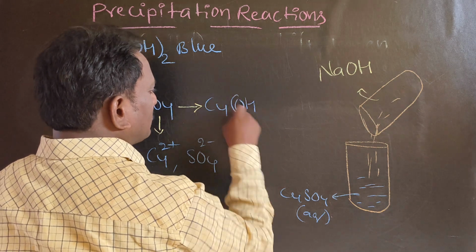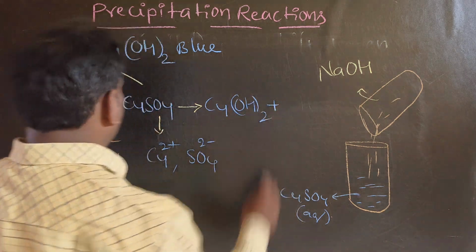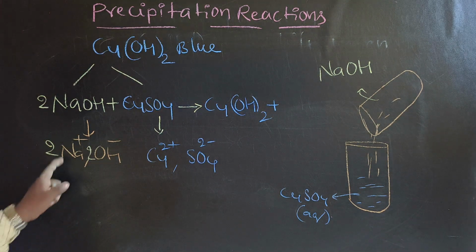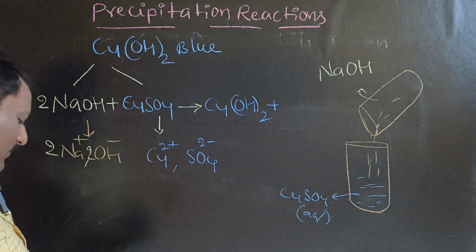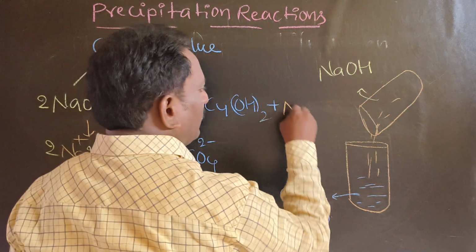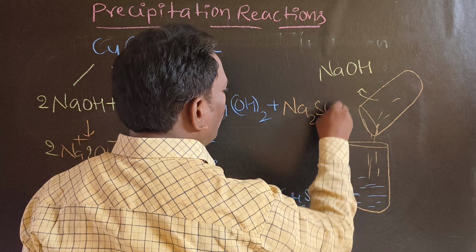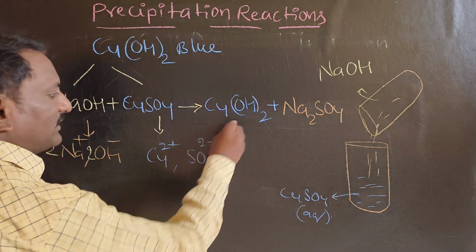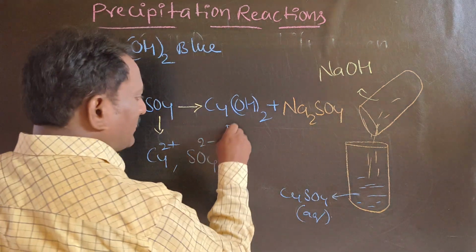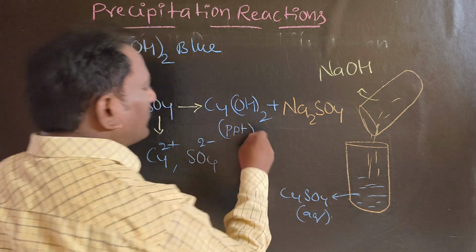Then you will get copper hydroxide Cu(OH)2 and sodium sulfate Na2SO4. In this one, this is a precipitate, PPT. The blue color precipitate.